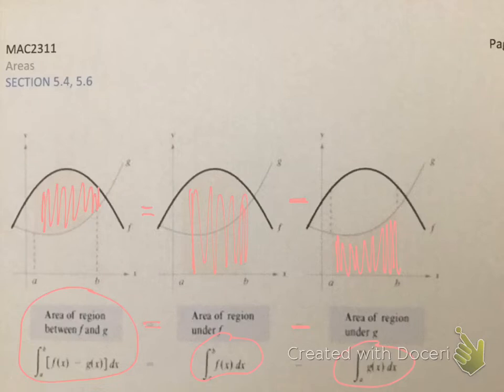So that picture in your textbook is showing you again that the integral from a to b, here's your boundaries, can be written as f of x minus g of x, because here is everything under f of x, here is everything under g of x.